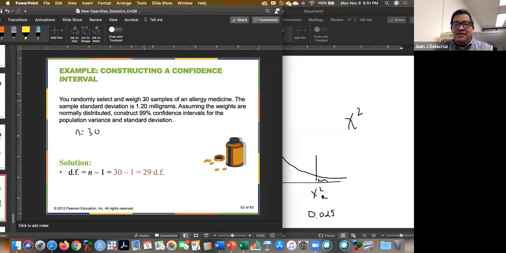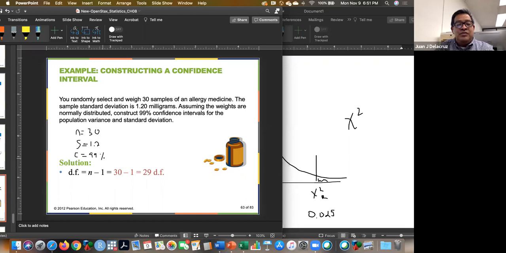The standard deviation, the point estimate of your sample, is 1.2. We know that this is the sample standard deviation, and then we assume that the weights are normally distributed. So we need a confidence level of 99%.